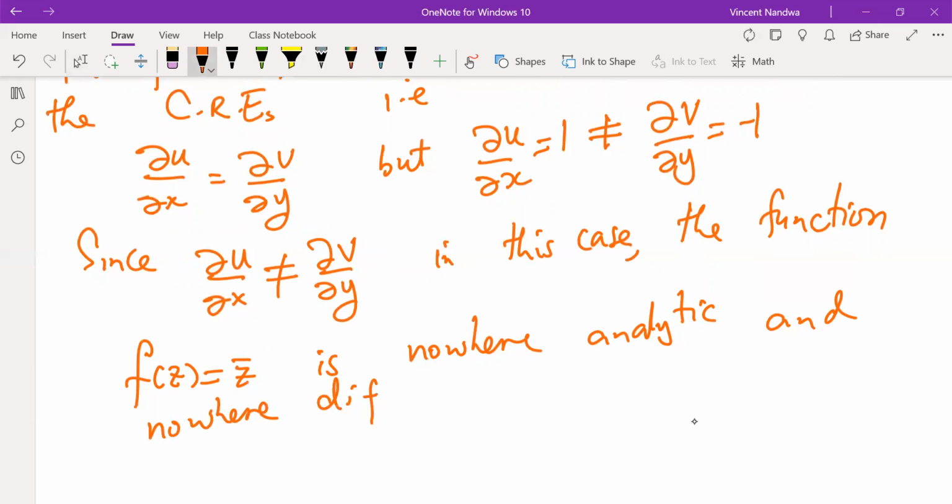So the function is not analytic because the Cauchy-Riemann equation, especially the first one, is not satisfied.